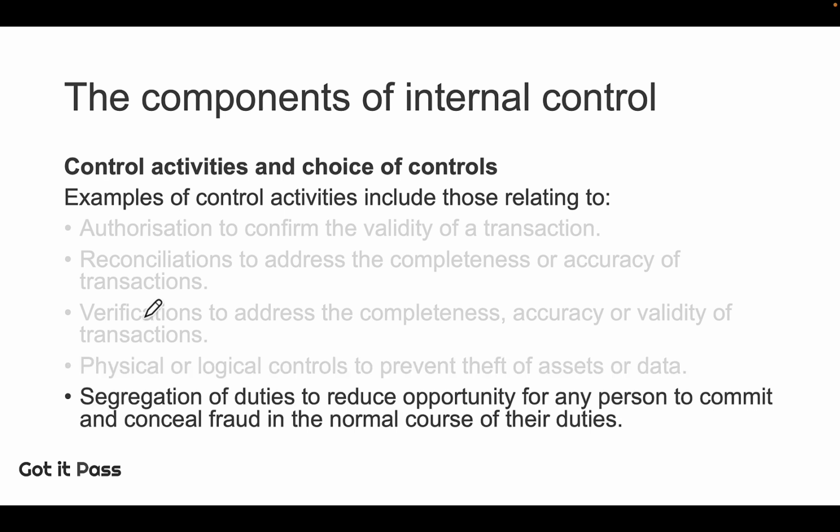Another example of control activities is segregation of duties. It helps to reduce the opportunity for any person to commit and conceal fraud in the normal course of their duties. For example, a warehouse staff should not be responsible for the inventory count, as this would not detect if goods were being stolen by staff throughout the year.